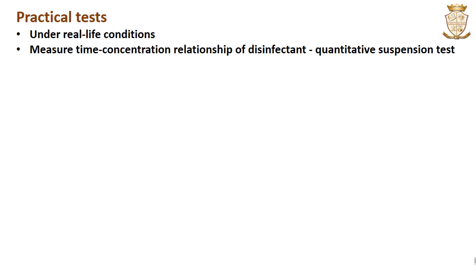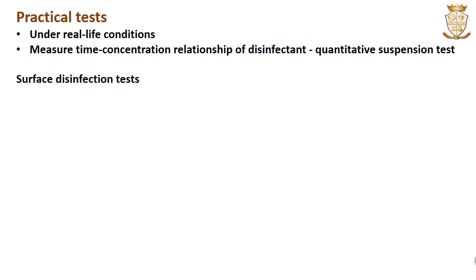It is performed to measure the time concentration relationship of the disinfectant. It is done by performing a quantitative suspension test. So the objective is to identify whether the dilution or the concentration of the disinfectant that we are going to use is adequate in the real life conditions under which it is going to be used.